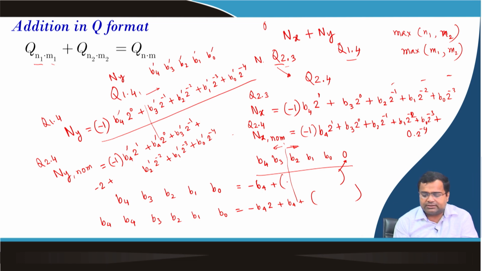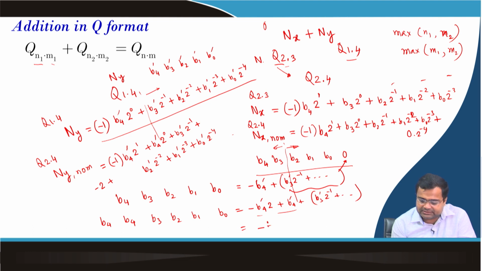Rest of the number means, you know what is this? It will be b3 dash 2 to the power minus 1 dot dot dot. So, this part is common. If you subtract, after simplification this number will again become minus b4 dash plus this number. So, it does not change.